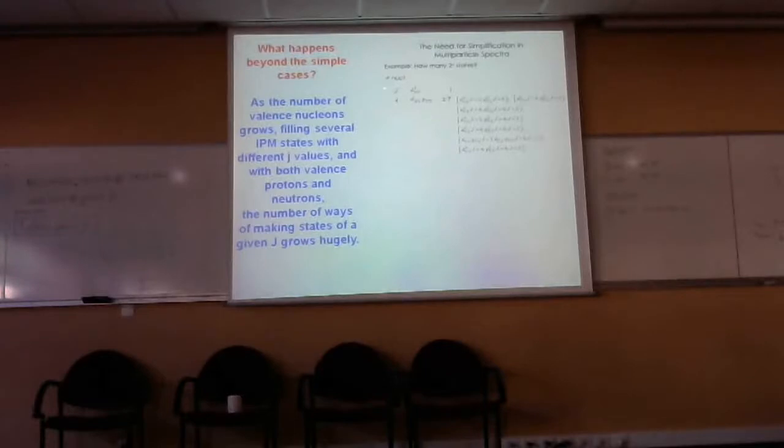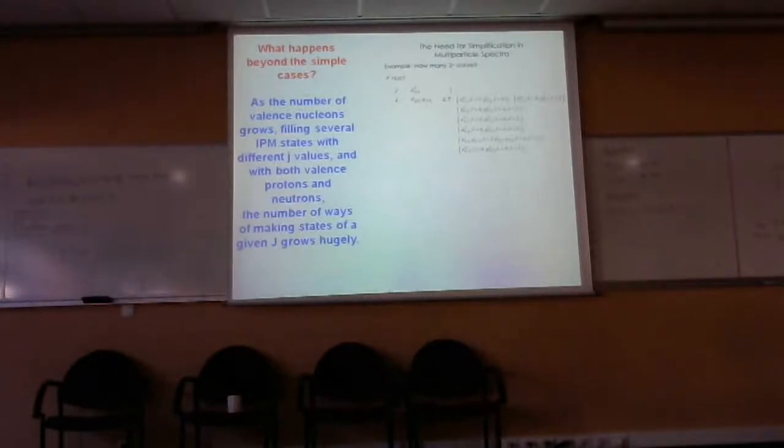So here we have 4 particles in 2 orbits. We can make at least 7 configurations. If you have a residual interaction, these 7 configurations will mix to greater or lesser extent depending on the interaction. The wave functions will begin to develop some kind of correlations and collectivity. These 7 configurations will not all be at the same energy.